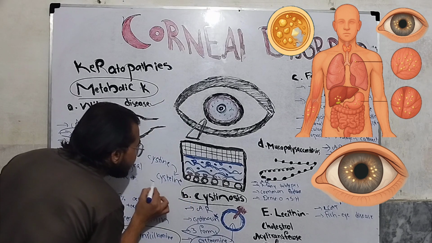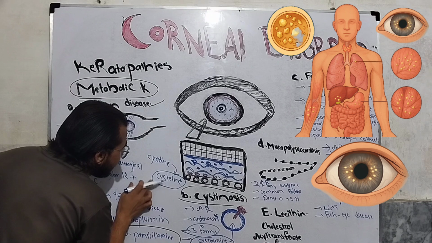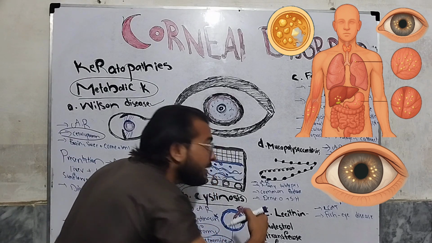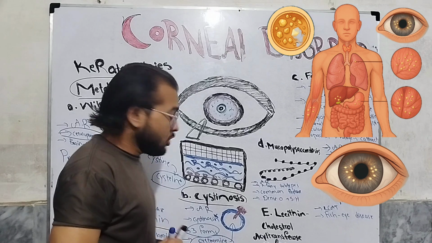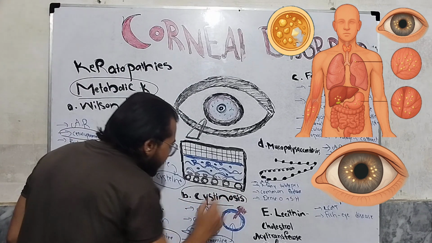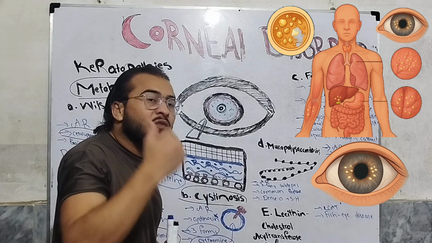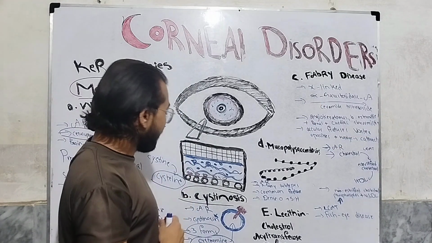This is a modified form which can be easily transported across the cell. So it can be treated by cysteamine. Cysteamine can be given in topical form as well as systemic form.